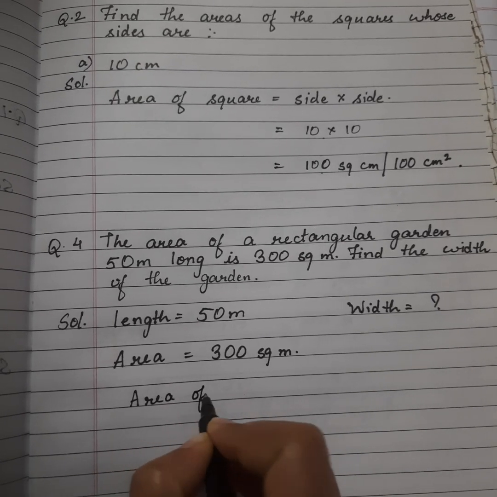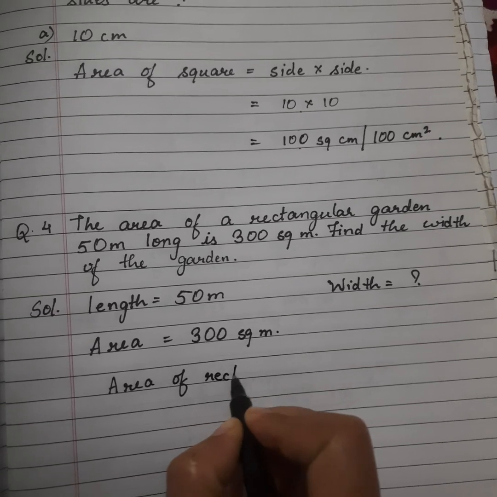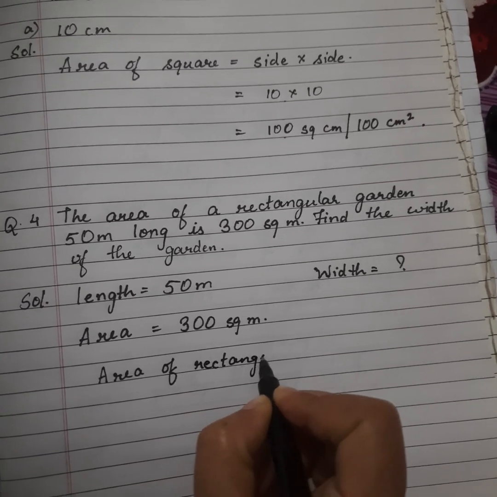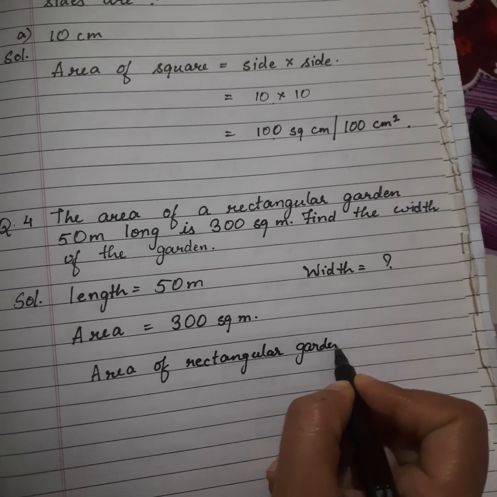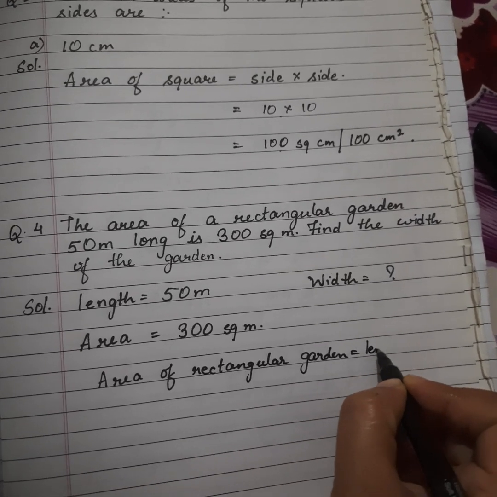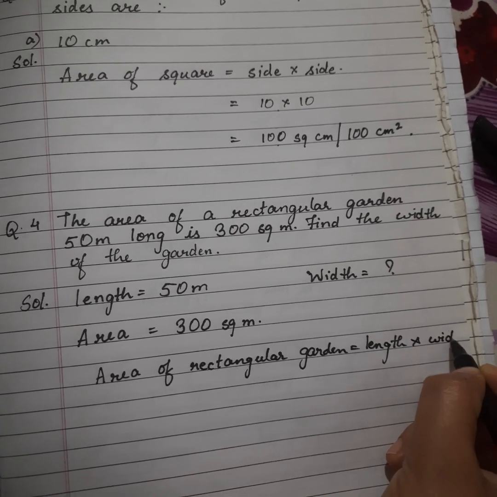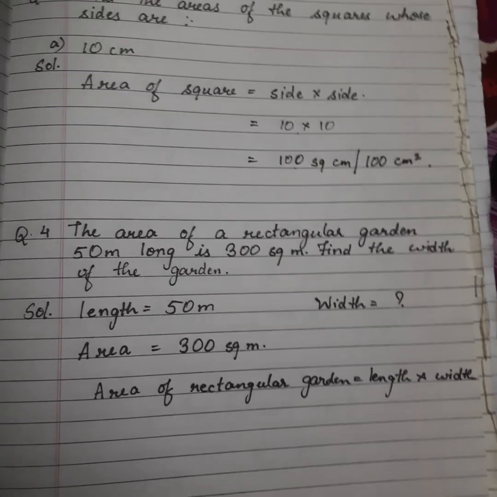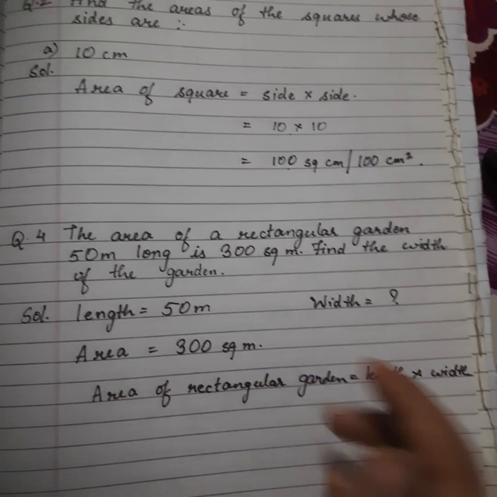Area of rectangular garden is equal to length into width or breadth, isn't it? Now length is 50 meter.